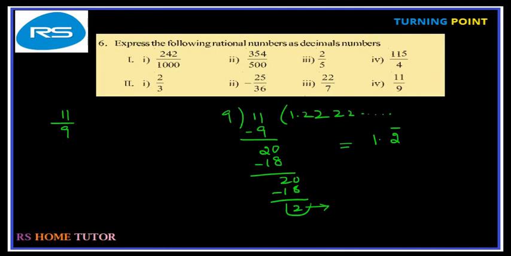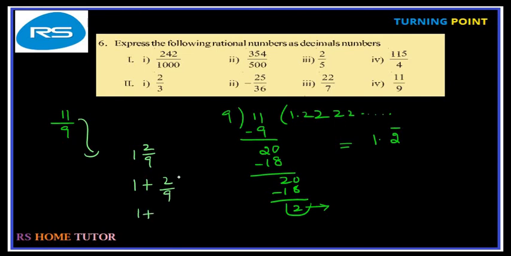Earlier we did this type of sums. So here we can do it in this way also. So 11/9, I can write this as 1 2/9. I converted it into a mixed fraction. 1 2/9, so 1 plus 2/9.